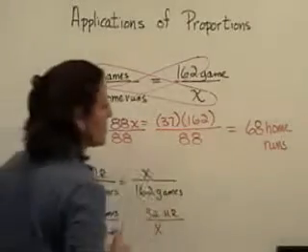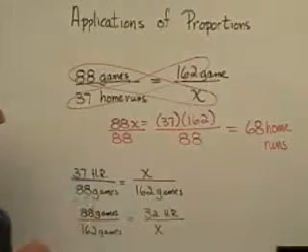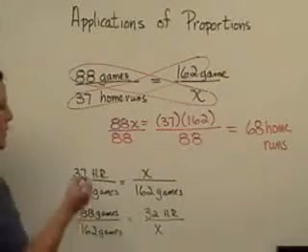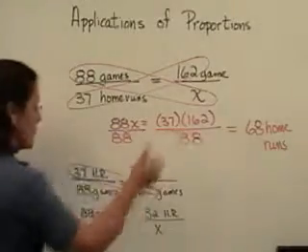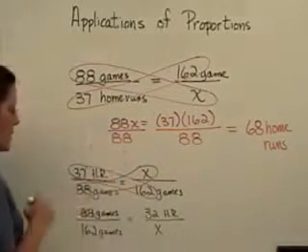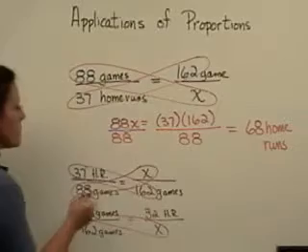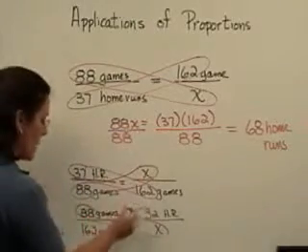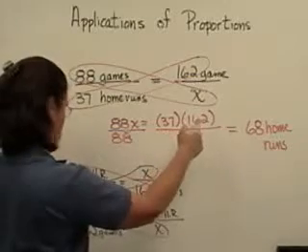Again, he's almost doubled them, is kind of the situation, and the game numbers have almost doubled. Please notice that down here, had I solved this equation, I would have been taking 37 times 162, that's right here, and let it equal 88 times x, that's right here. So it would have given me the same thing. Here I would have had 88 times x, and I would have let it equal 162 times 32.